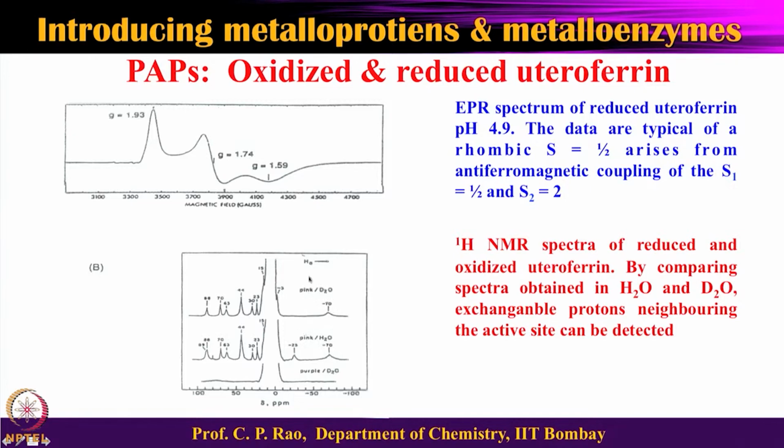In this, the spectra were measured in water and with the D2O exchange to find out those groups which are exchangeable. And you see this particular resonance or peak disappears when you add the D2O, and that means that is the one which is in the vicinity of the metal center.